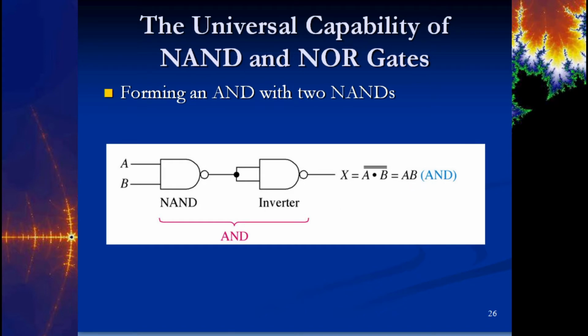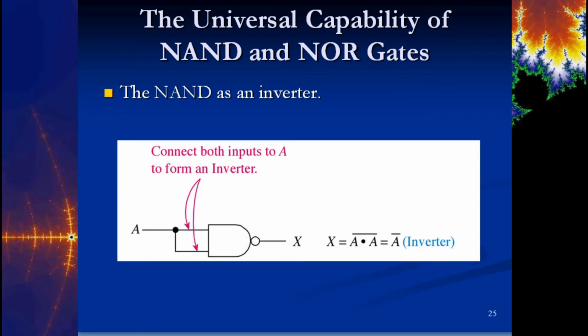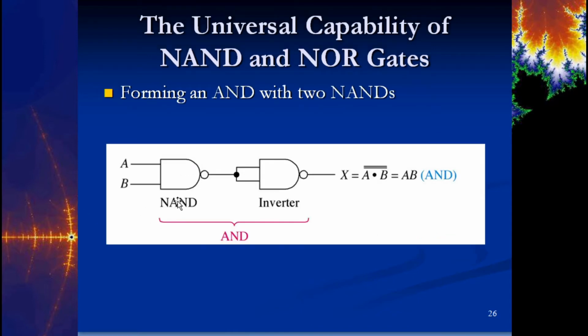The same thing can happen for a NOR, right? A NOR can be used as an inverter in the same way. I know it's on a few slides from now, but it'll work the same way, where you tie both of the inputs of the gate to one single input, and then it acts like an inverter as well. In the same fashion, you can convert two NOR gates cascaded into one another and make an OR out of that.